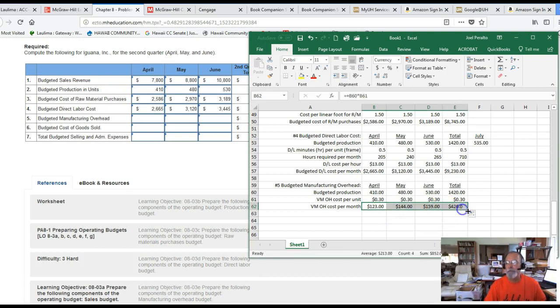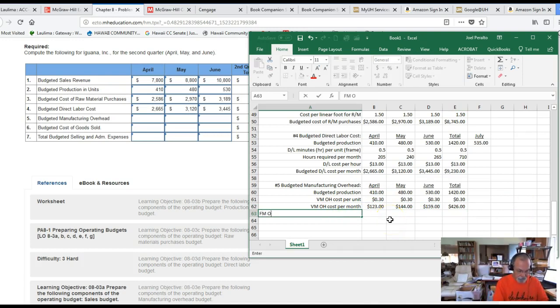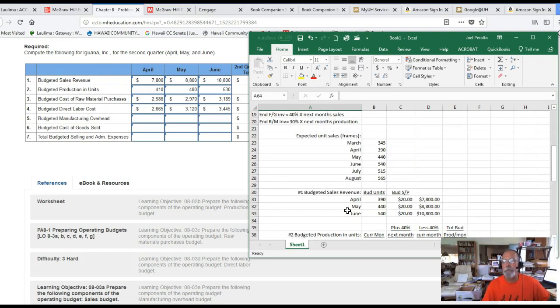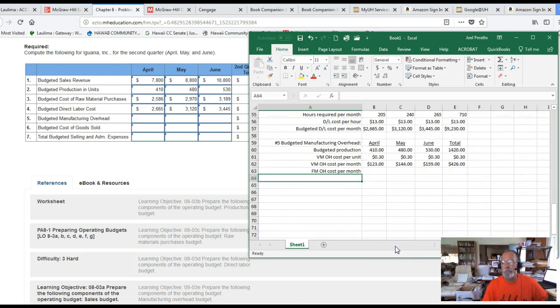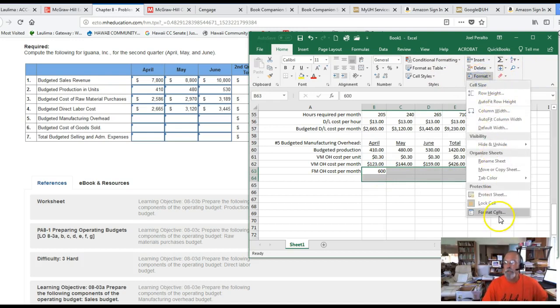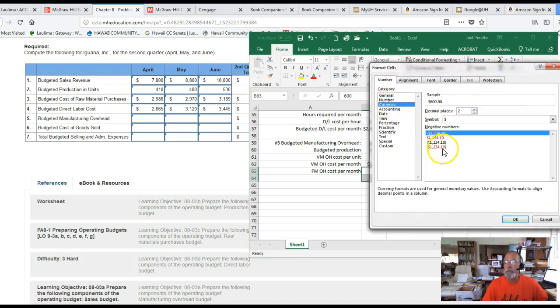And we'll do the same thing here, 426, and we use a sum formula, 426, and then we add our fixed manufacturing overhead cost per month. And again, that was 600. Let's format these cells.